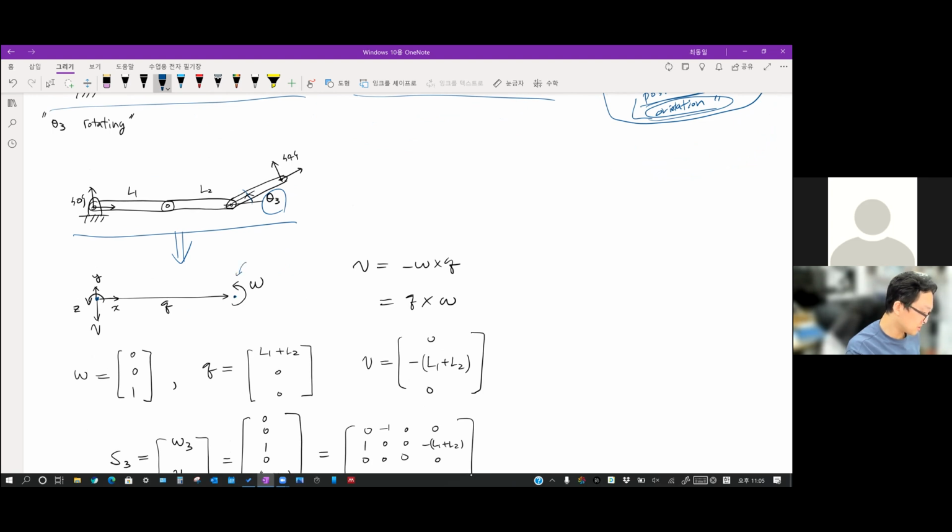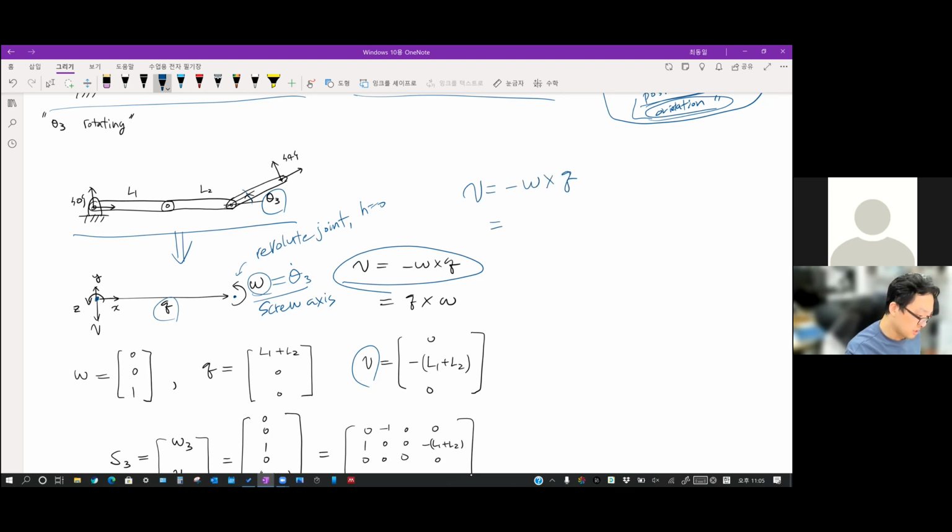This one becomes the revolute joint, with omega. Omega is theta 3 dot times omega hat, and this omega becomes the screw axis. And from the origin to this point becomes Q. So using this equation, we can calculate V. The V was minus omega cross Q.